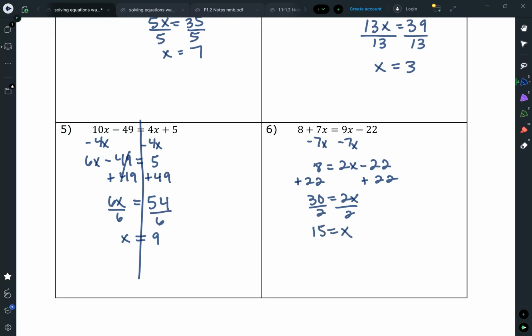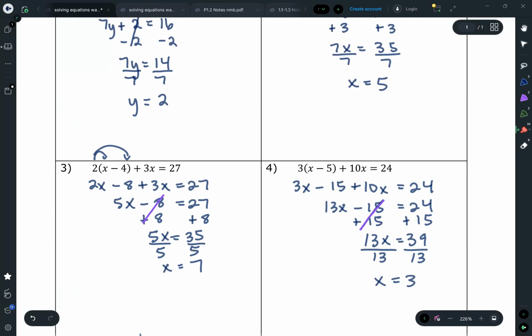So on 6, I chose to start out by subtracting 7x on both sides because it was the smaller x. And if I subtract the smaller x, I'm going to have a positive, which I did. I had a positive 2x here. It makes it easier to work out the problem.